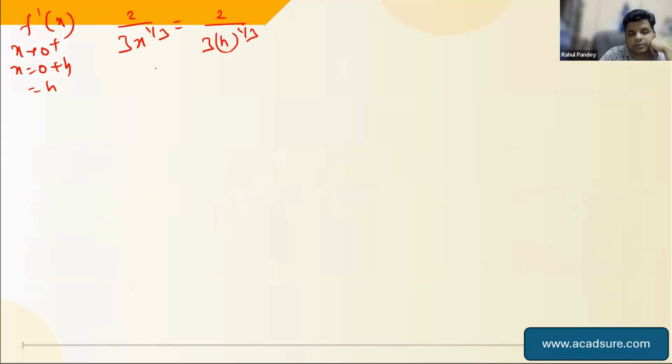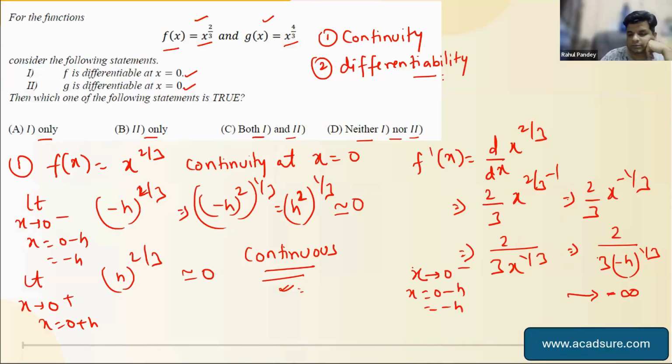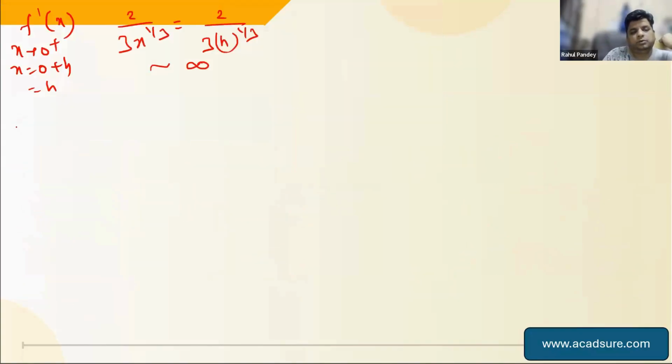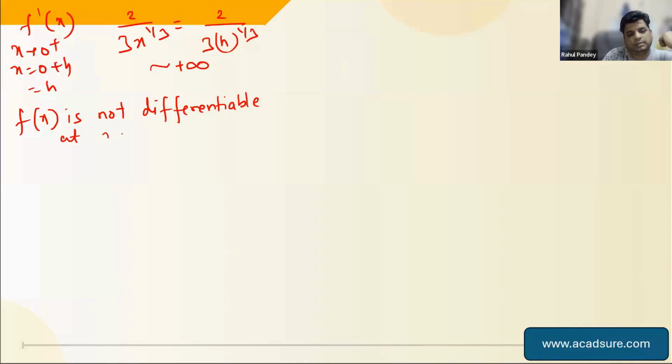It will be tending to infinity. So the left limit for differentiation is minus infinity and the right limit is plus infinity. So f(x) is not differentiable at x = 0.